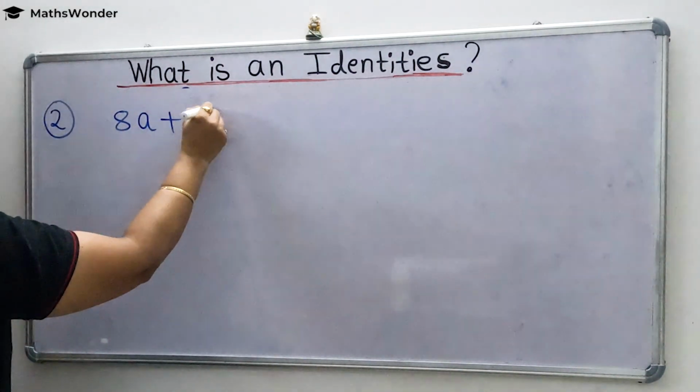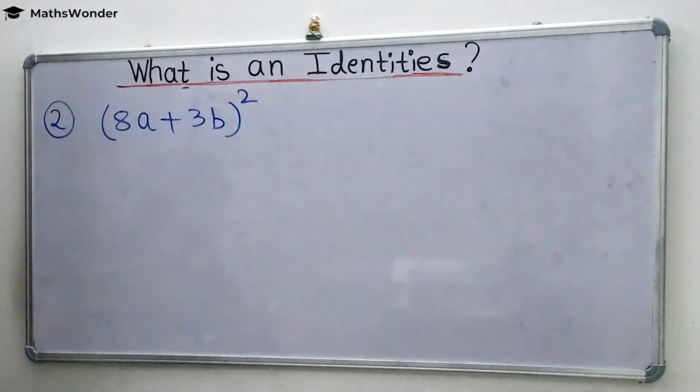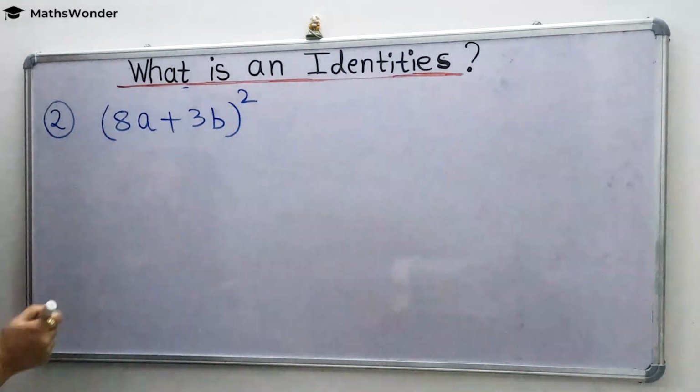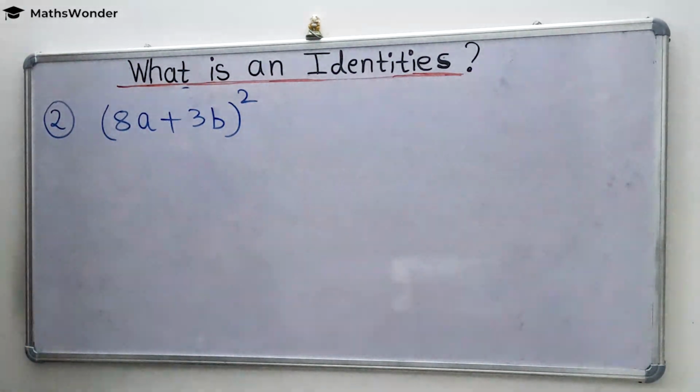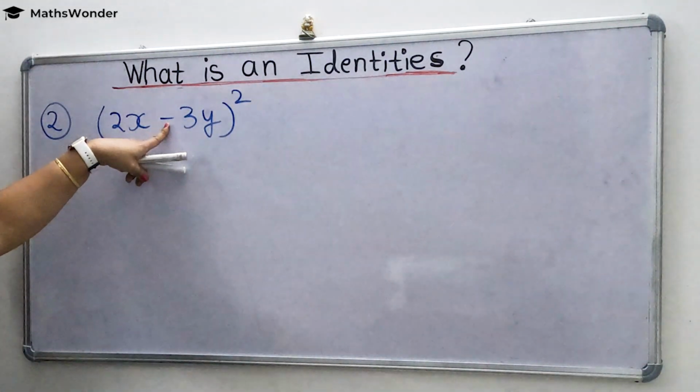8a plus 3b whole square. Now in this question, I am taking subtraction. Here in this second example, the subtraction sign is here.